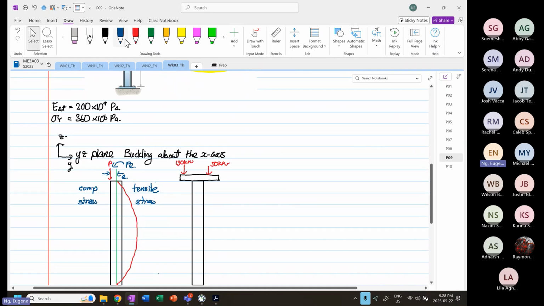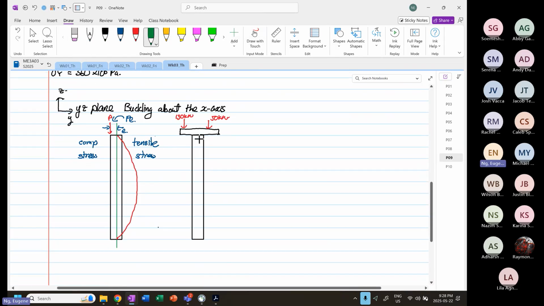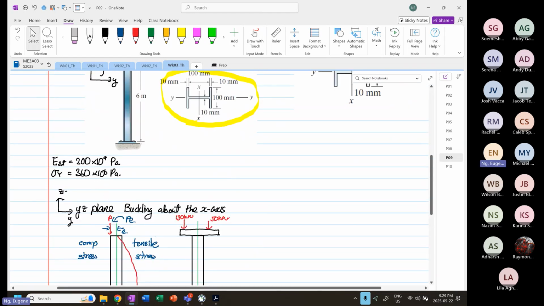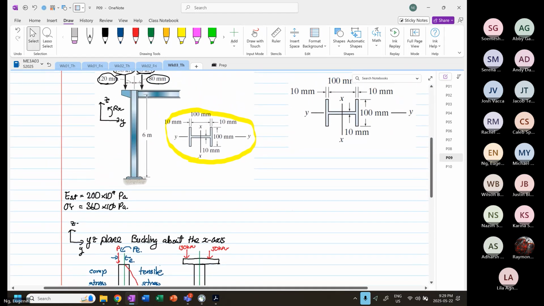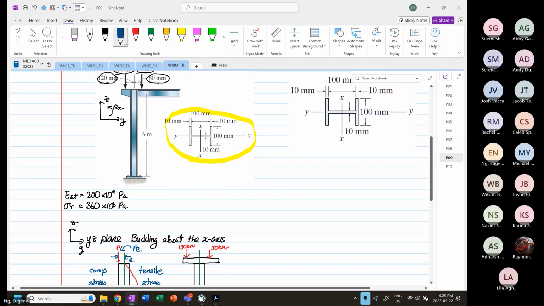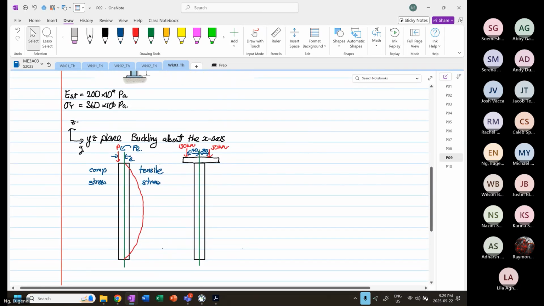And then if I were to draw our geometric centroid, right, coming down from here. And we have two distances now. One is 120, the other one is 80. Okay.